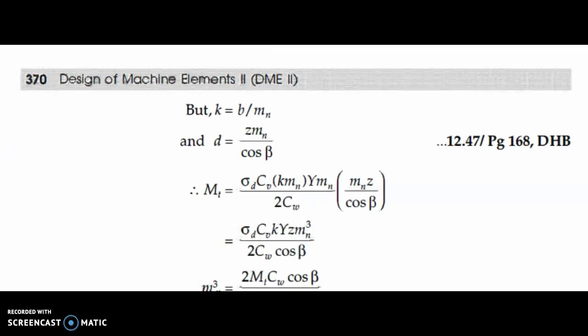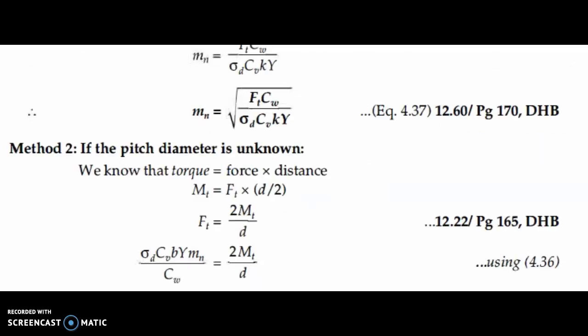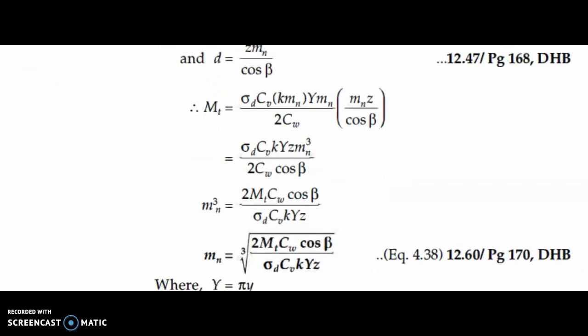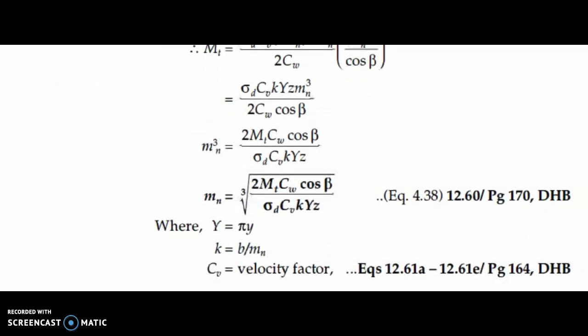Next, using this equation, Ft is equal to Mt by d, we can compare these values, and using this equation next we can find the value of module from here itself. So we will get Mn from this equation, and we can check the values also. Then we can find the form factor, tooth form factor Y, K and Cv.